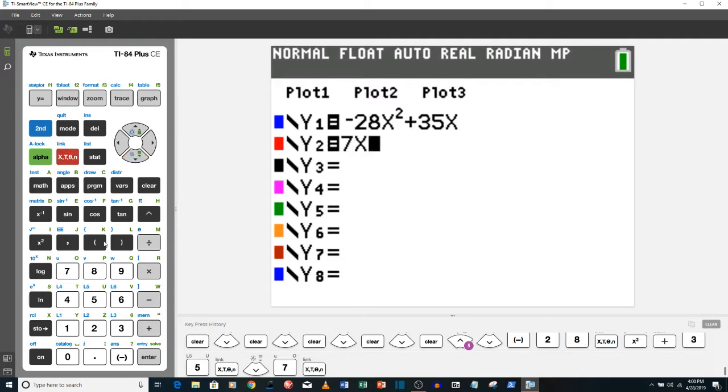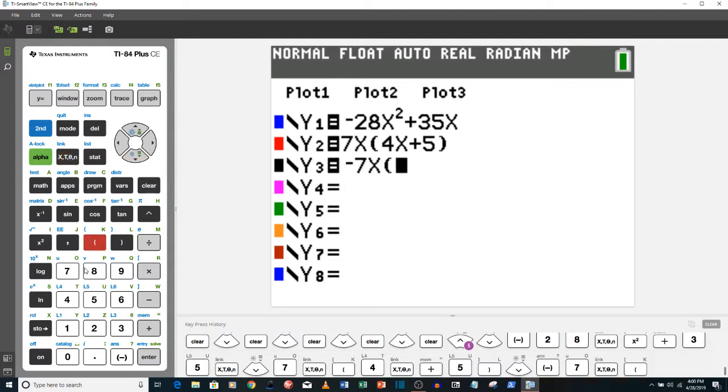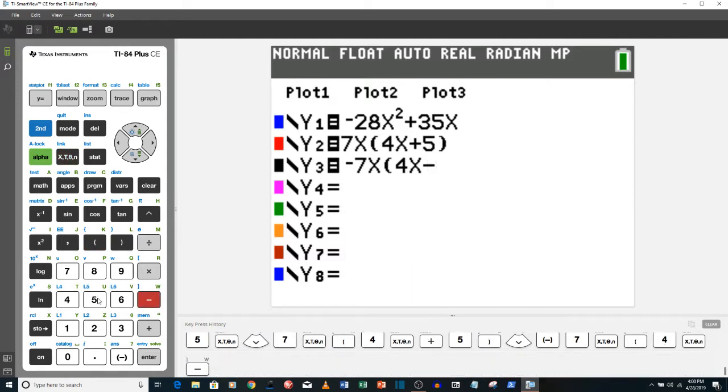That's 7x, open parentheses, 4x plus 5. And then Y3 would be B, negative 7x, open parentheses, 4x minus 5, close parentheses.